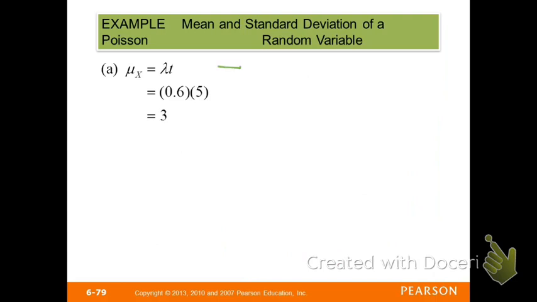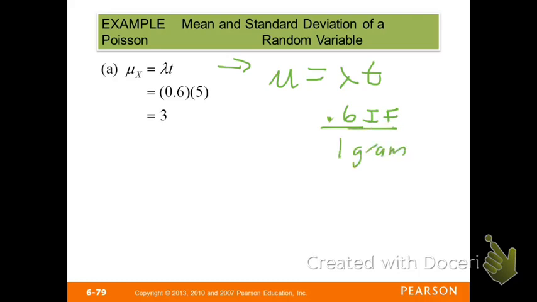So, here obviously I have it typed out, but I remind you that you always start by reminding yourself the formula, lambda t. I don't like that the units aren't written out, so your lambda is 0.6, I'm going to write here, IF, insect fragments per 1 gram. But looking at your t, your fixed interval, it's not time, but in this case it's grams of chocolate, your 5 grams.